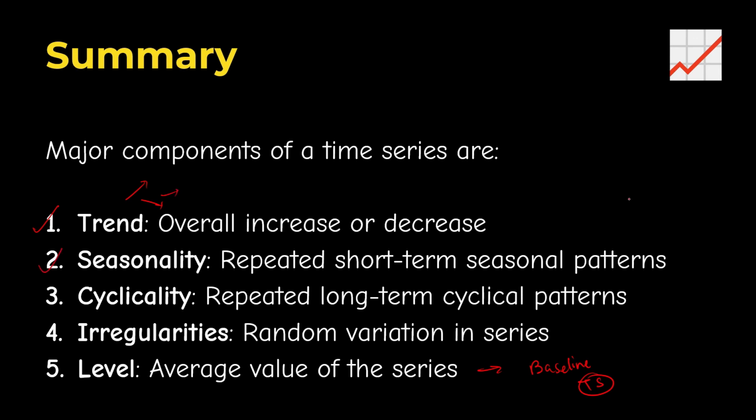Seasonality is the repeating pattern over short-term intervals. Cyclicality is the repeating pattern over long-term intervals. Irregularities are different components that add unpredictability or randomness to the time series. And level, of course, when you remove everything from the time series, what is left is the level.